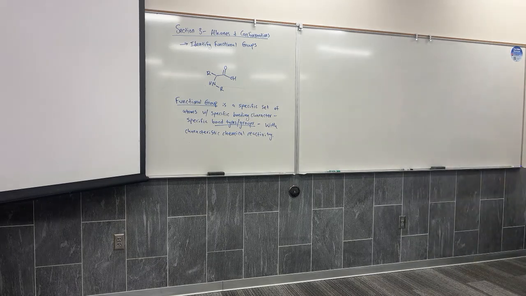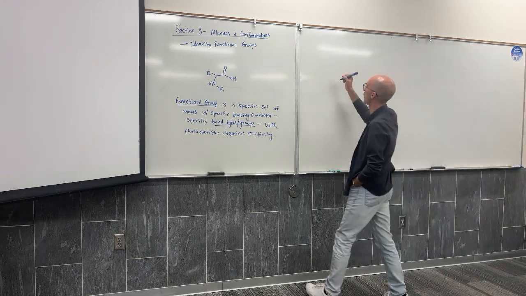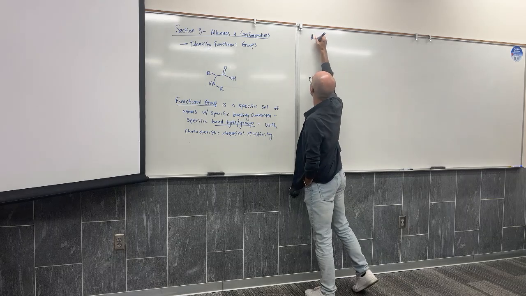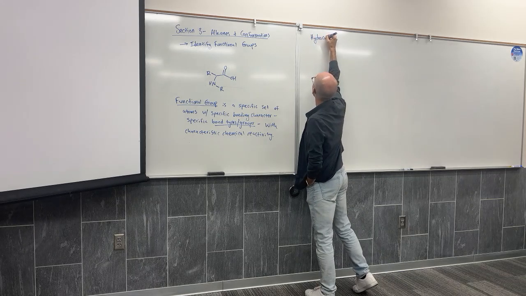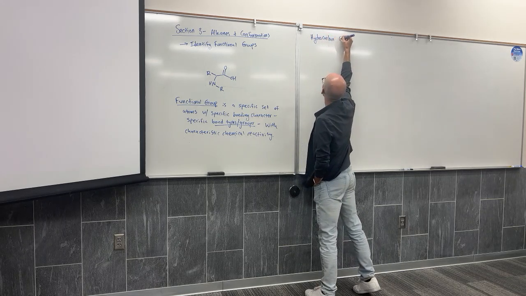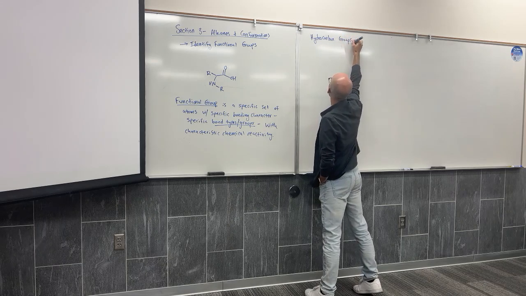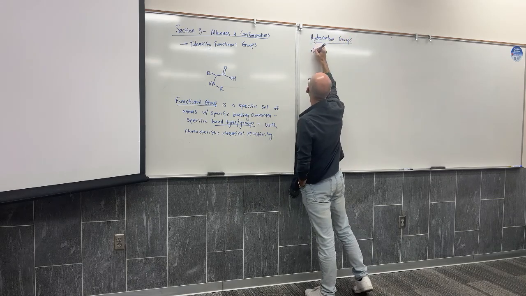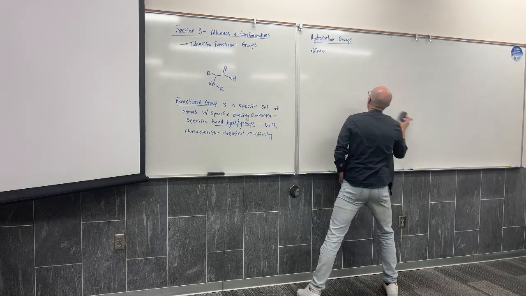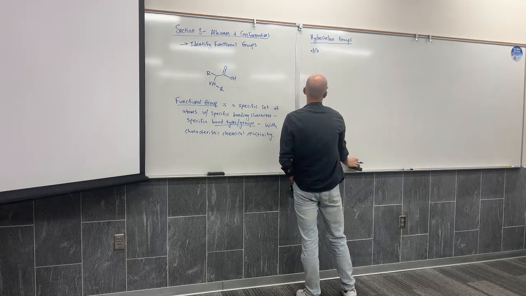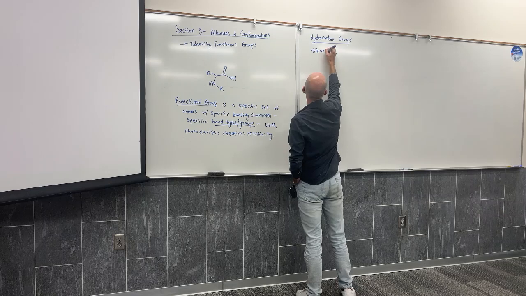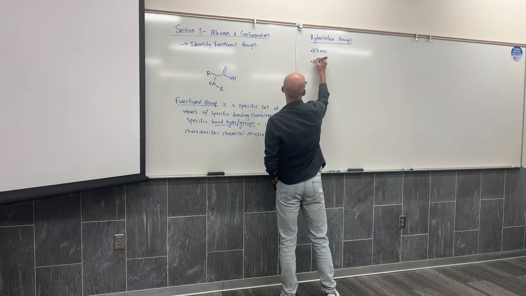All right, 3 classes of functional groups that I want us to really work with. And I'm going to give us an activity to explore these, but first I want to lay these out. Let's start with our hydrocarbon groups. You'll notice something about most of these groups. They start with ALK.